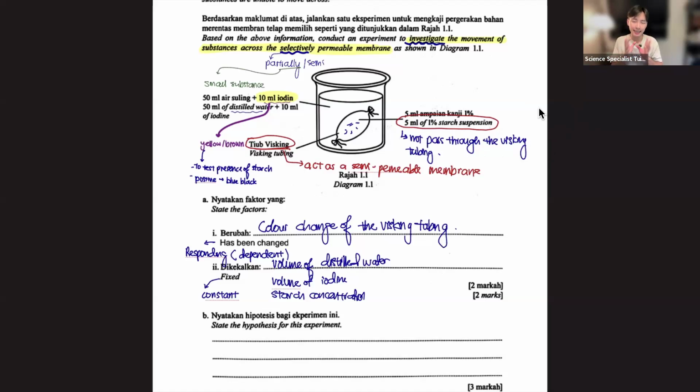The hypothesis is the guideline for you to draw out an experiment. You look at the title and the experiment, and you specify what you think the result will be at the end of the experiment. This is a hypothesis.